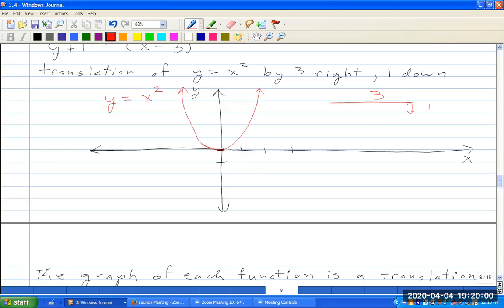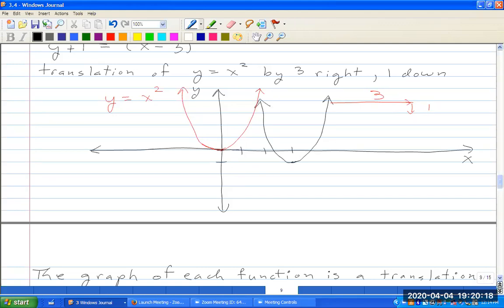So I'll go 3 units to the right and 1 unit down. Okay, so this vertex will be here, and I'll translate.